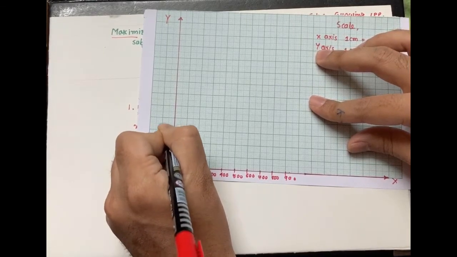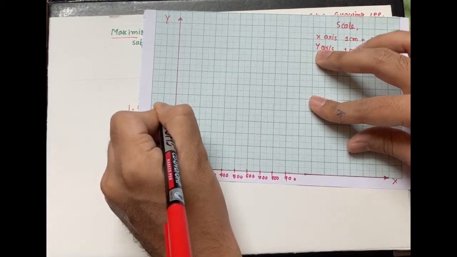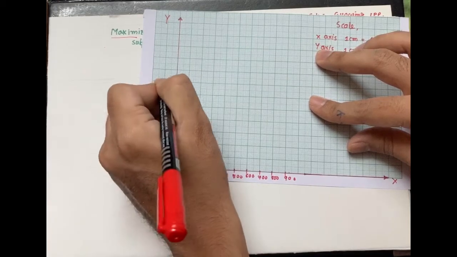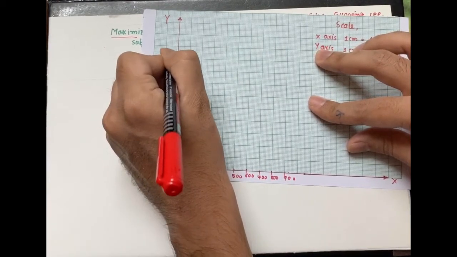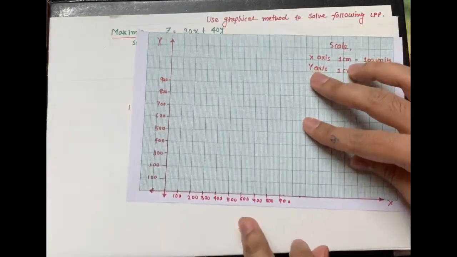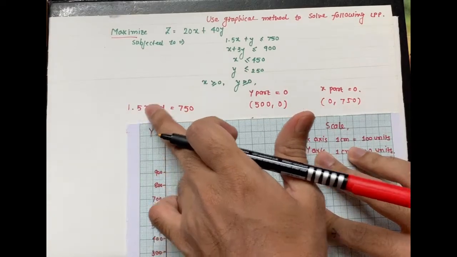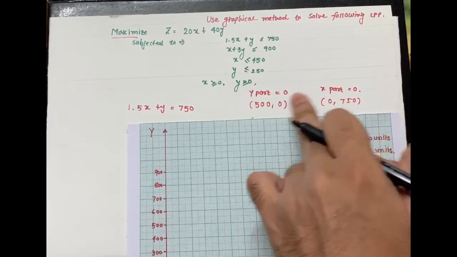Likewise on the vertical axis, 100, 200, 300, 400, 500, 600, 800 and 900. I require to plot this line. It is intersecting at these 2 points.